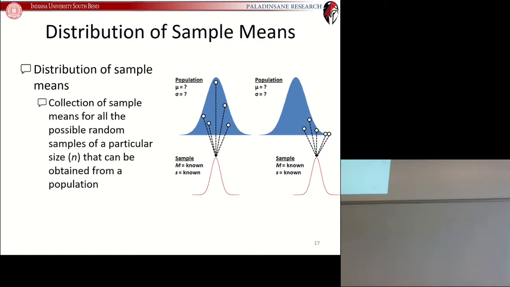You can grab some of these individuals, and you'll end up with a sample from that population. If you keep grabbing sample after sample after sample, and you measure the mean of those samples, then what you can build is this distribution of sample means. And it's important to remember that in this distribution of sample means, each point, each little dot in this distribution is actually the mean of a sample.